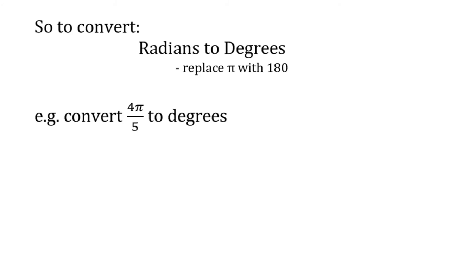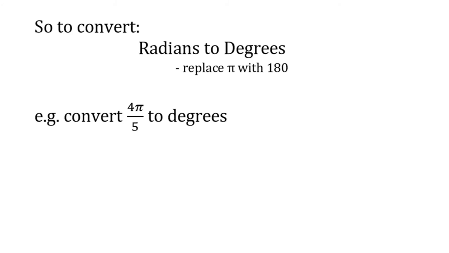So there's a very easy rule to convert radians to degrees as long as there's a pi in the radian. So this is a number of radians. Looks weird, right? You're not used to it. You will be soon. That's a standard way that we write radians in terms of pi.